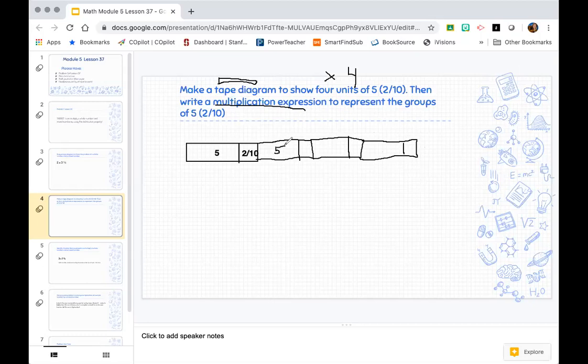So this is 5, and this is the 2/10. I'm not going to continue to label this. Instead I'm going to show you how we represent this down here as a multiplication. I kind of need to have this because 5 and 2/10.